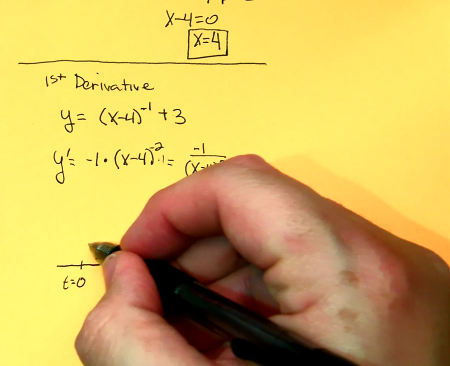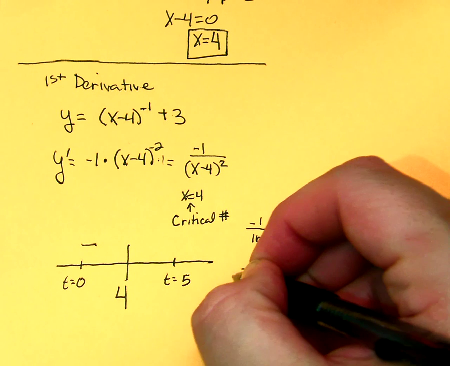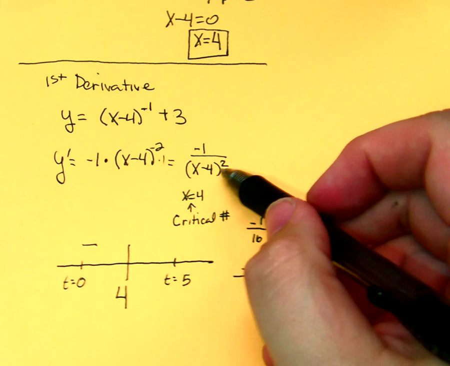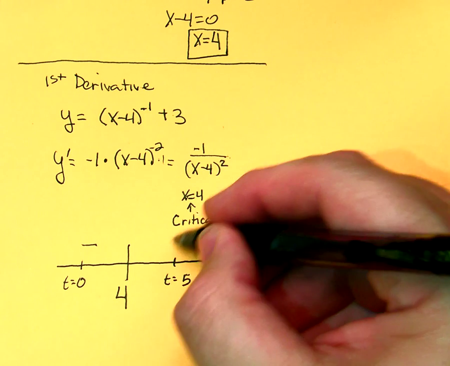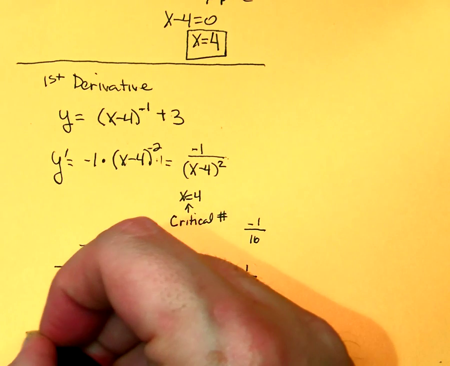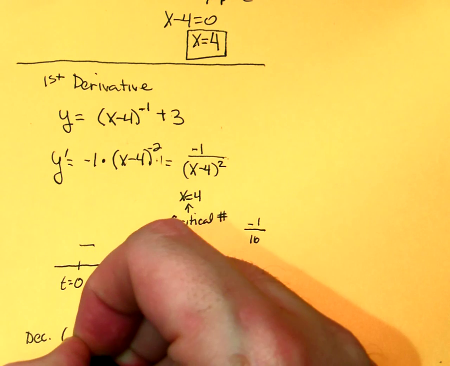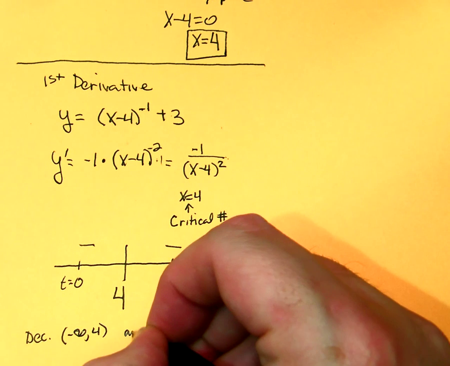If I put a 5 in here, I get negative 1 over, well, anything squared would make it positive, so negative over positive is negative. So this tells me that it's decreasing on negative infinity to 4 and 4 to infinity.